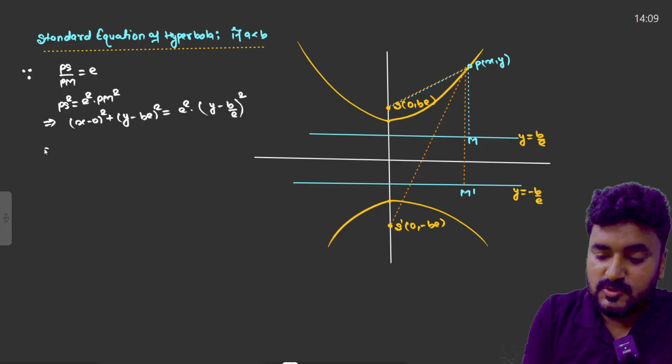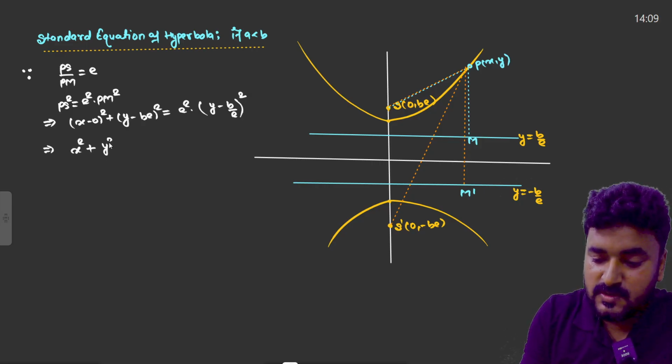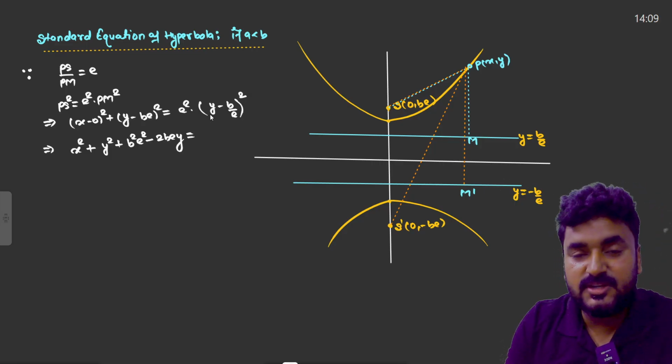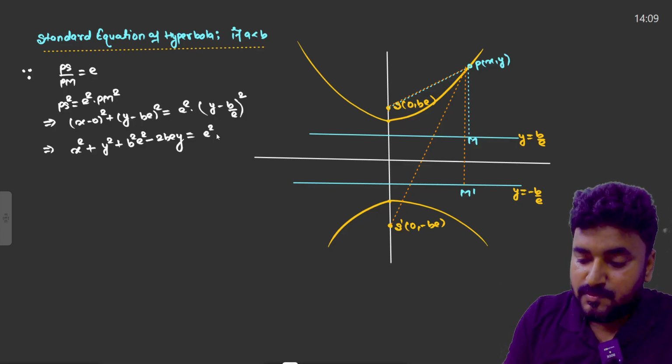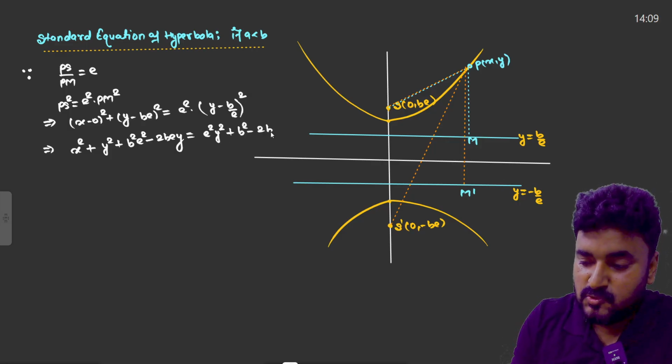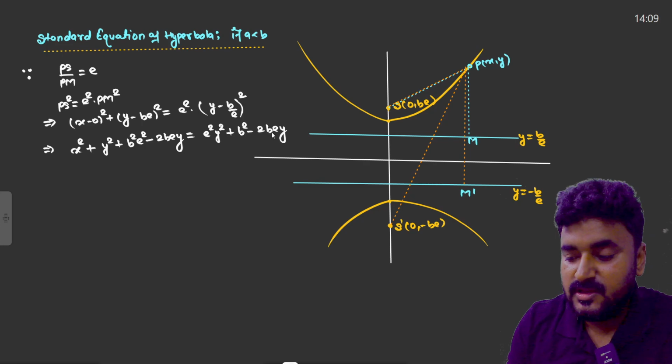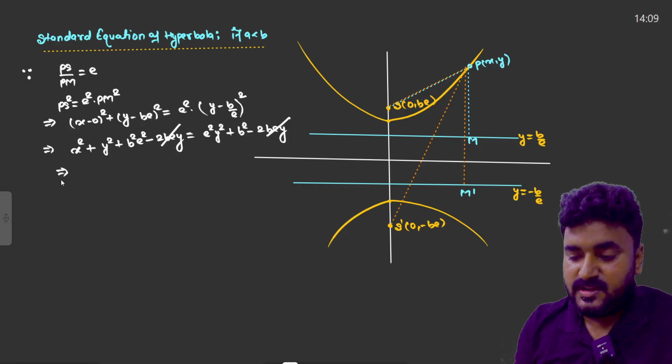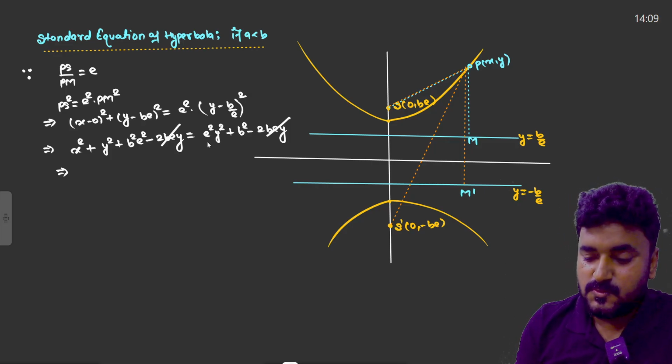So this is x square plus y square plus B square e square minus 2BEy equals, opening the bracket, e square y square plus B square minus 2BEy. This 2BEy will be cancelled, and I am going to send y square to the right side and x square to the left side.